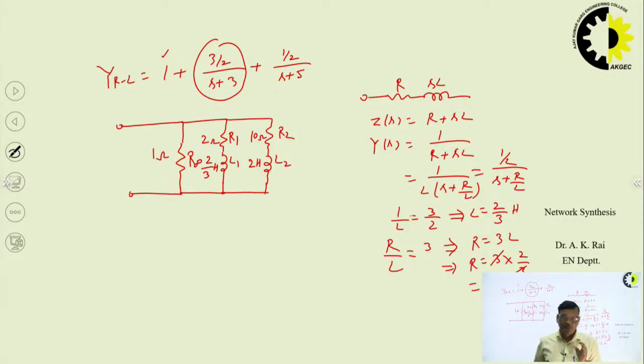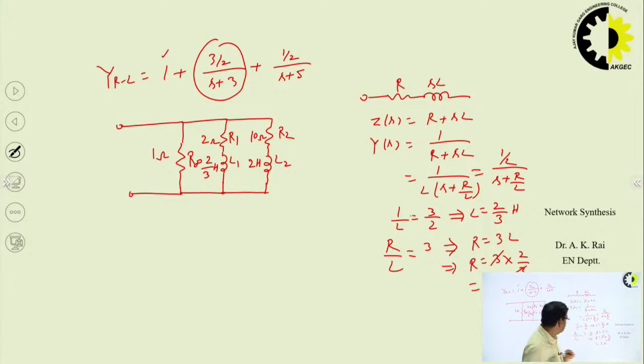Try to listen carefully. Admittance function is given, and in this particular problem it has not mentioned whether we go for the RL or RC, but if it is required to just synthesize the given function in RC Foster form.